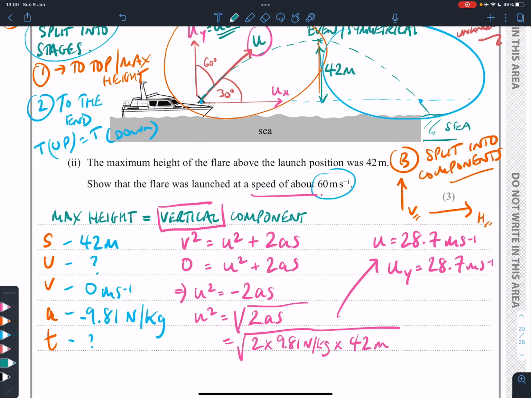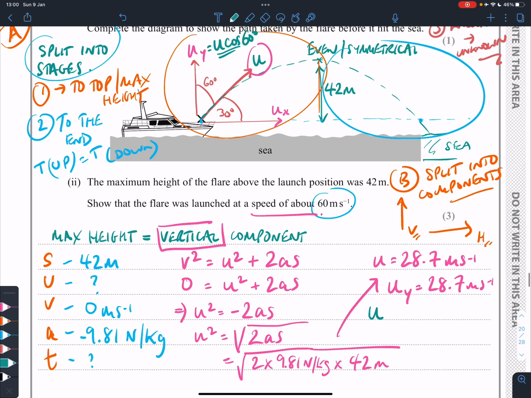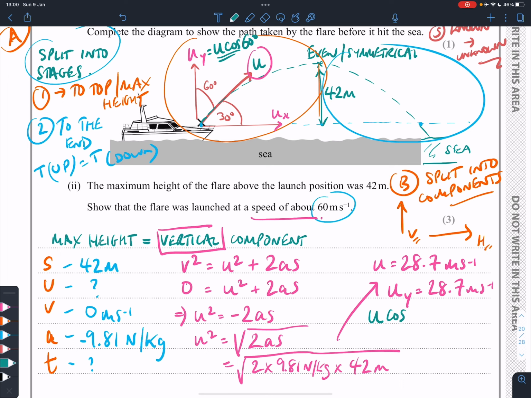So U cos 60 degrees equals 28.7 meters per second. And this means that U is equal to 28.7 divided by cos 60.